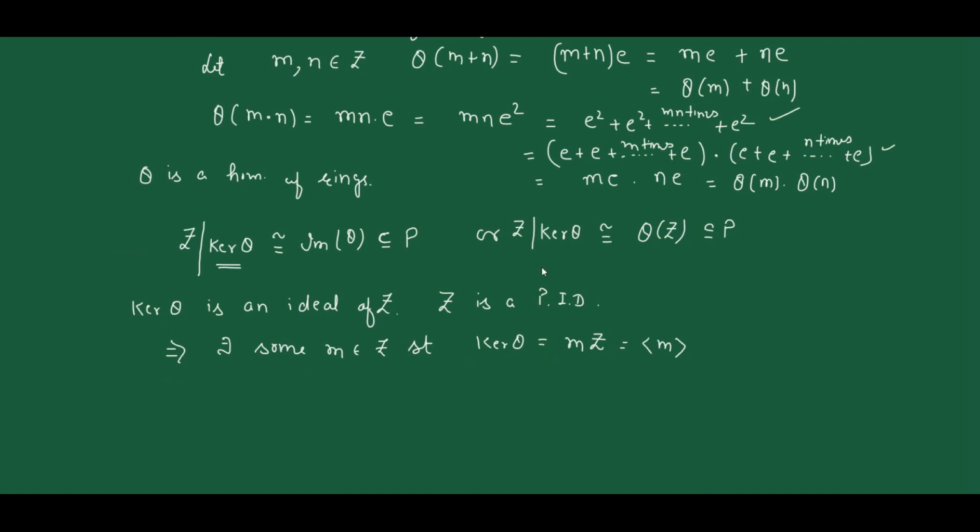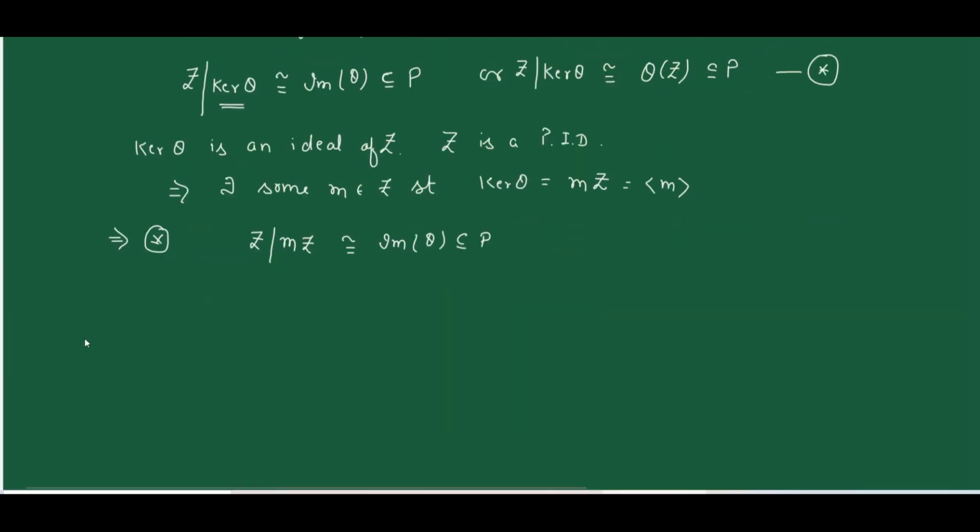Call this equation star. You can rewrite star as Z by mZ, because kernel theta is mZ, is isomorphic to image theta, and image theta is contained in P. Now kernel theta is generated by m, and m is an integer, so we can discuss two cases here: if m is 0 and if m is non-zero.